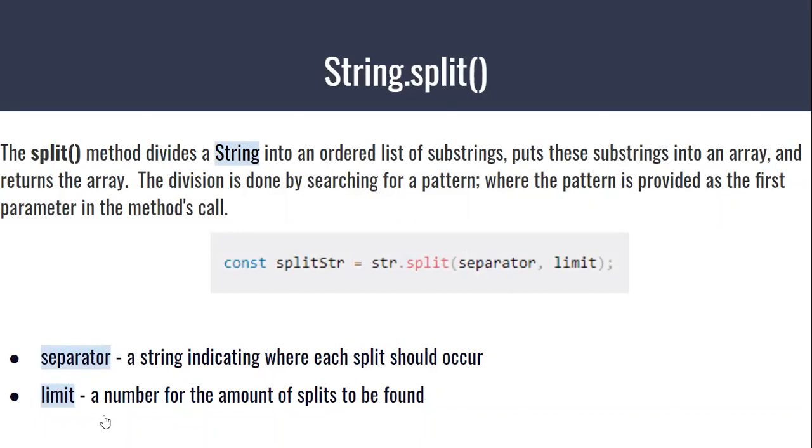So the split, you'll need this a lot. Think about a CSV file. You have a CSV file from Excel that might be comma separated, and for each line of that CSV file you might need to split everything so that every property maps back to something.